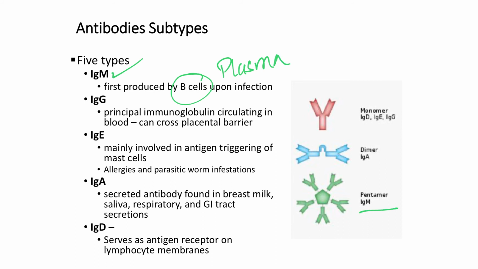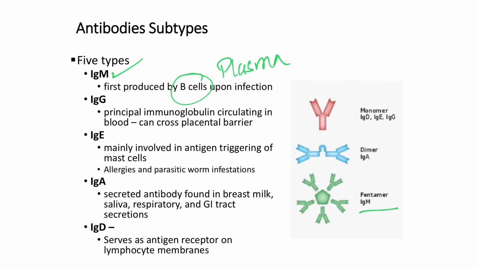That's our pentamer. IgG, that's the principal immunoglobulin in blood. This crosses the placental barrier during pregnancy and can give the fetus a little bit of lasting immunity for about 6 months after birth. There's IgE. IgE is what you receive a test for in allergy tests.